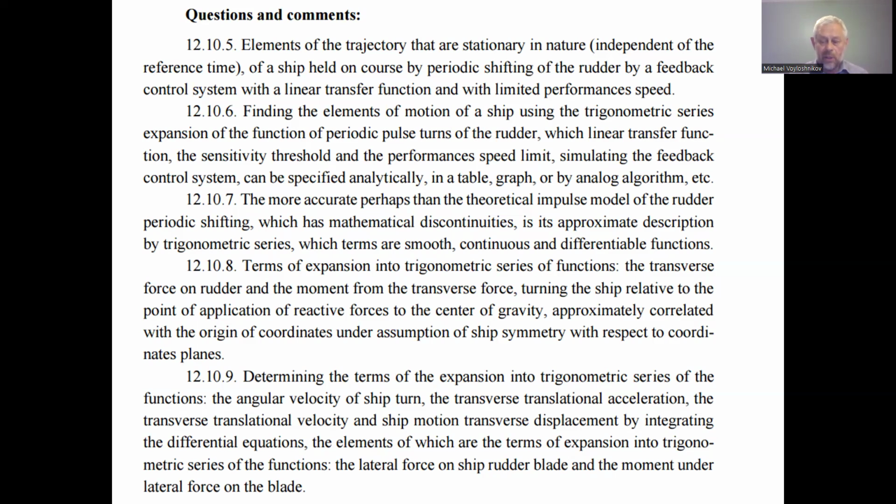This is important for us: the inhomogeneous equation, particular decision, because the general decision of the considered homogeneous equation gradually reduces to 0 due to damping of the ship motion on the surface of the water.